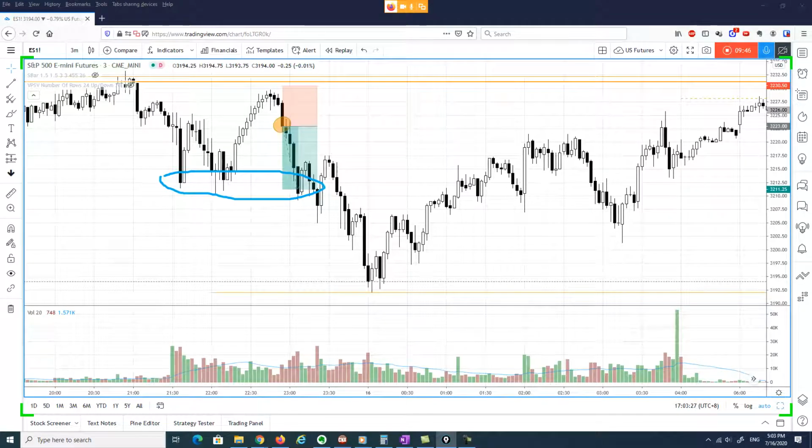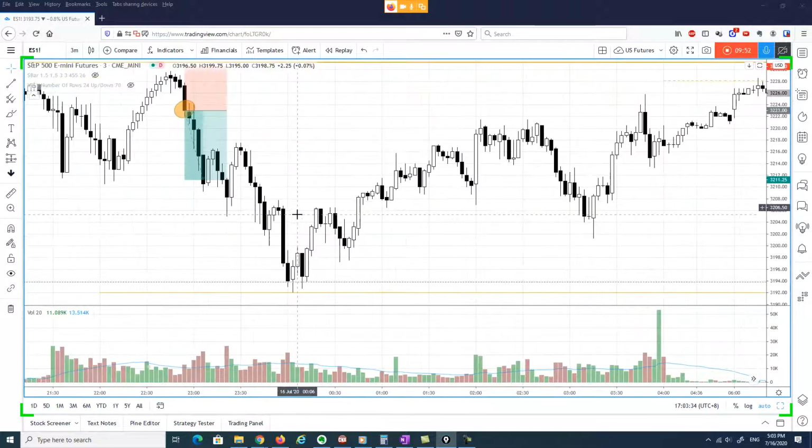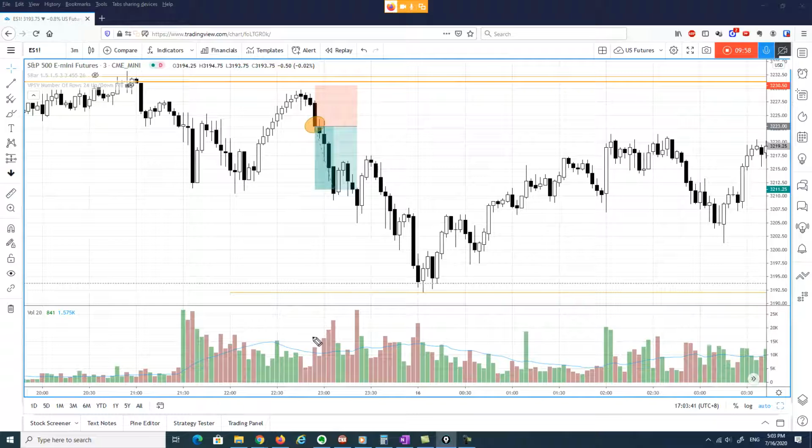But if we continue to pay attention, and look closer here, let me zoom in a little. You can see that we have an increasing supply level here. Compare these two bars, the last one and the prior bar. The spread is definitely smaller than this bar here.